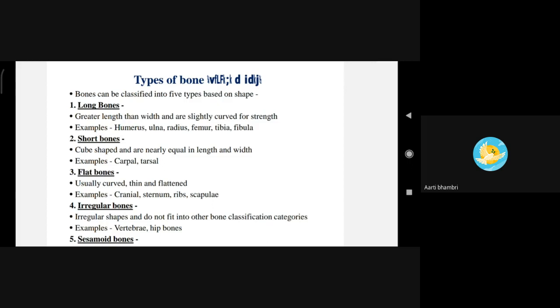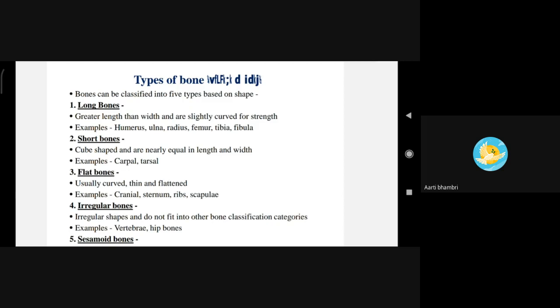So, can you name which is the longest bone in our body? I think femur, ma'am. Very good. The thigh bone, the femur, is the longest bone in our body.